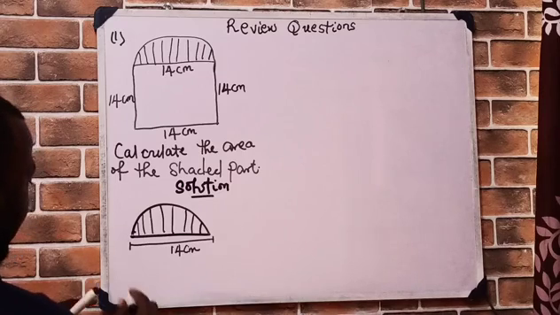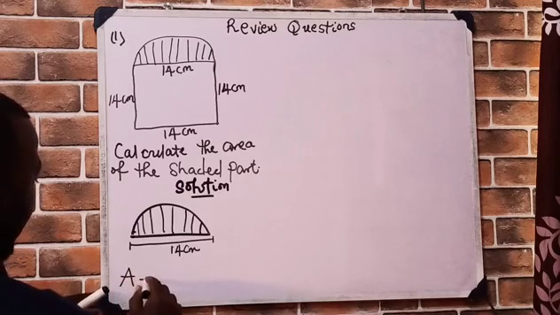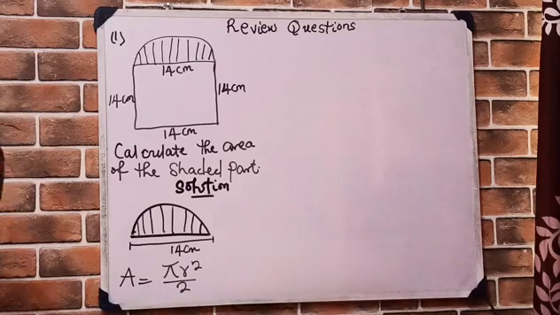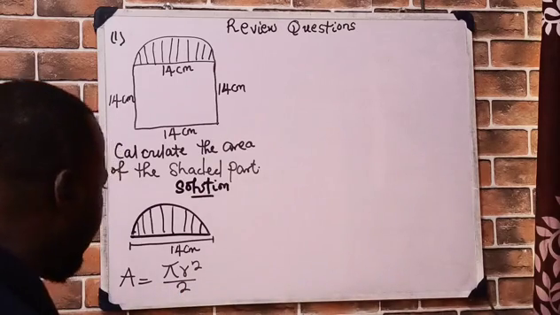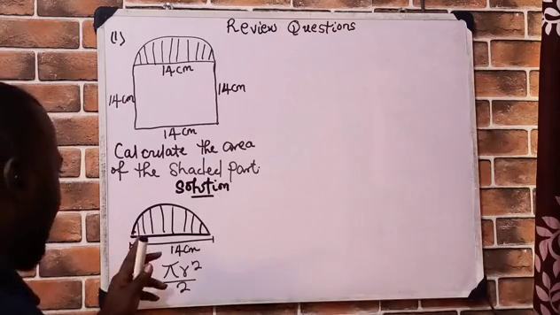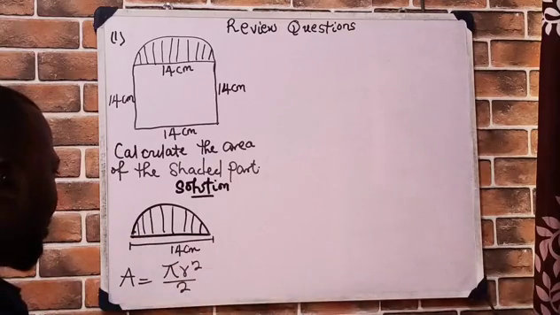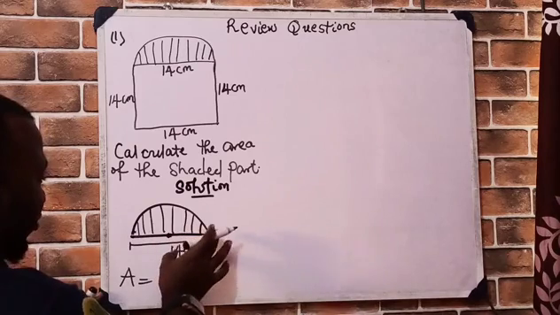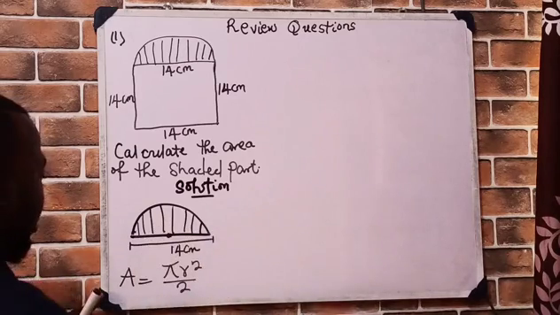The area of a semicircle is given by the area of a circle, that's pi r squared, all divided by 2, because a semicircle is half of a circle. And the distance from here to here being 14 cm happens to be the diameter of the semicircle, because the radius is just the distance from one point to the midpoint.